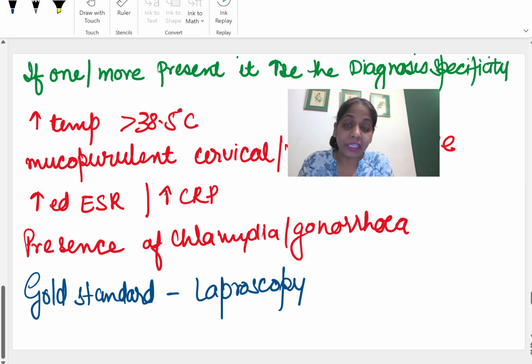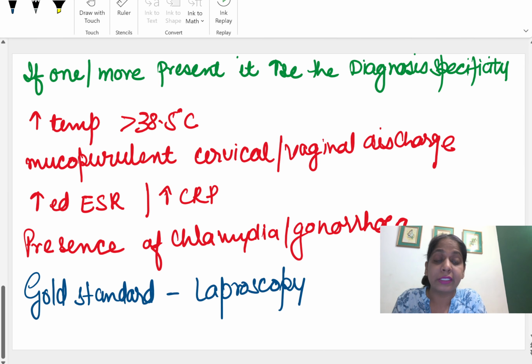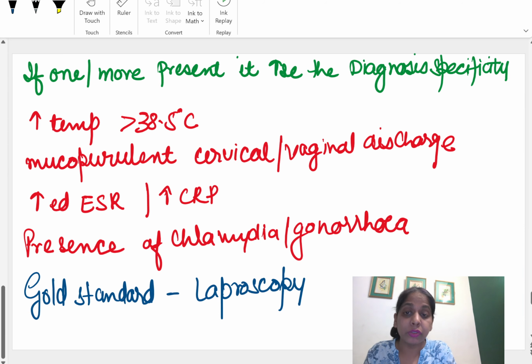That is, if the patient is having fever more than 38.5 degrees centigrade, or there is a mucopurulent cervical or vaginal discharge, because the characteristic discharge of cervicitis is mucopurulent, or if the ESR is increased, or the CRP is increased, or there is presence of chlamydia or gonorrhea in the discharge. Okay, so these are the four factors. If any one of these four factors is present, it increases our specificity toward our diagnosis on the basis of that clinical triad.